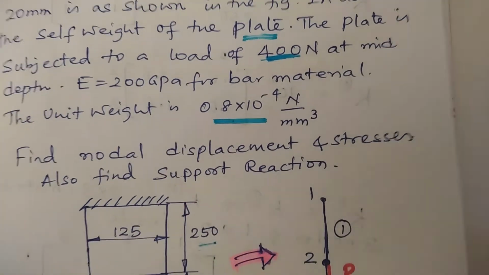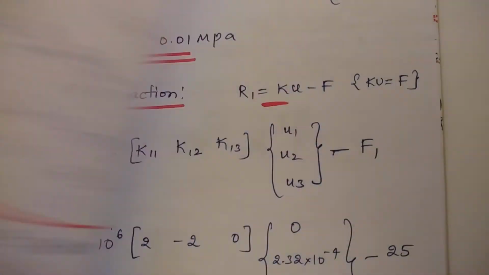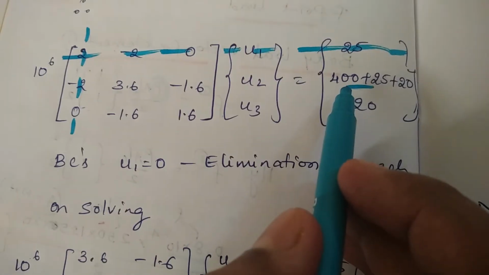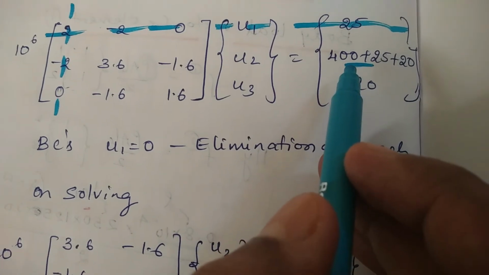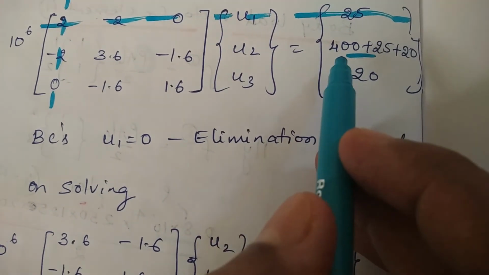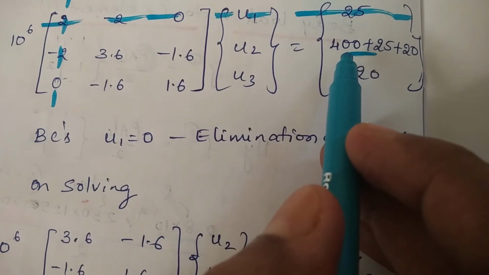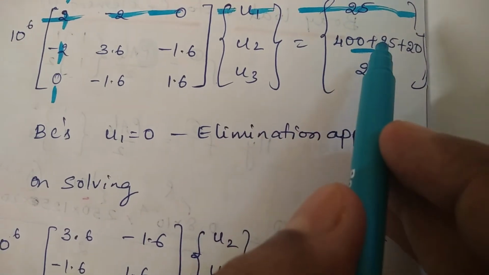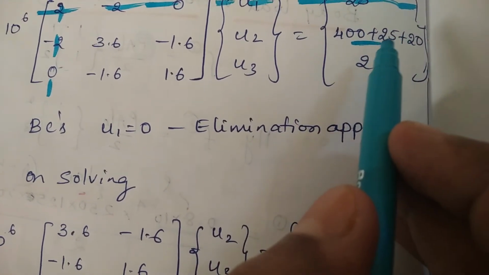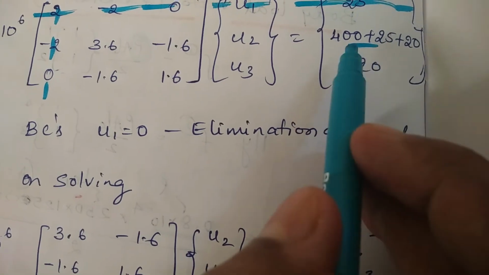So that P you need to add in the global load vector. That is something you need to remember. Earlier, if it were only a point load, you would have added 400 there at F2. Since you have a point load plus body load, you need to take the self weight into effect and add their values.